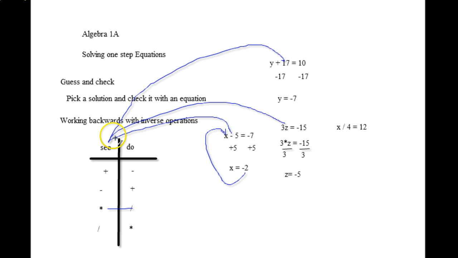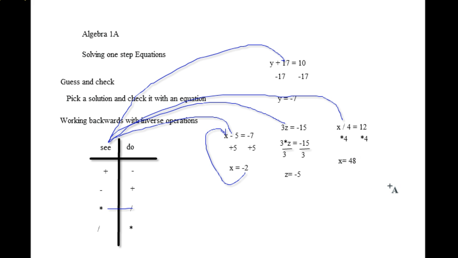Once again, I look for what I see, and I see division. So I'm going to multiply both sides, and you can write it down here, it's totally up to you. And I get x equals 48.